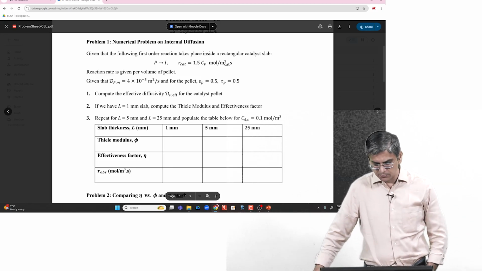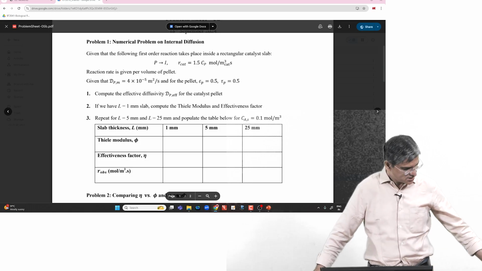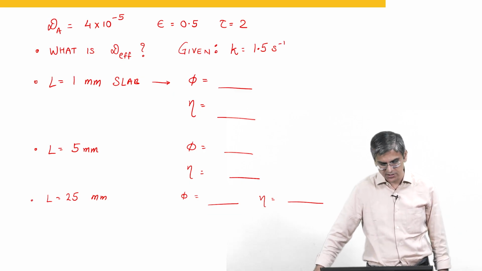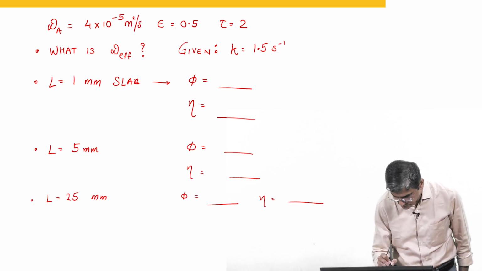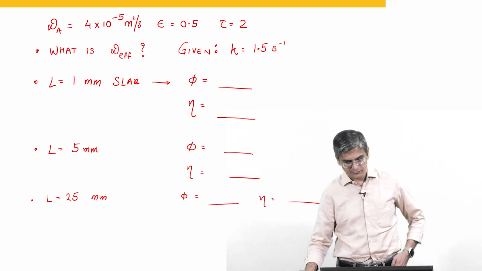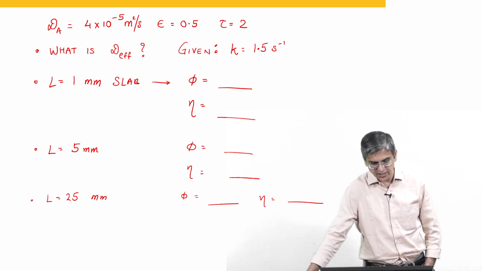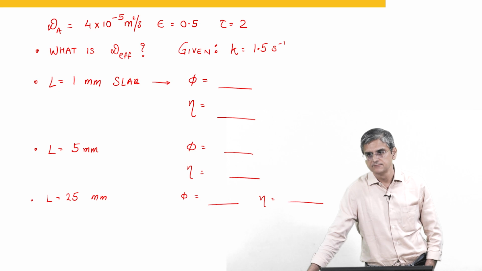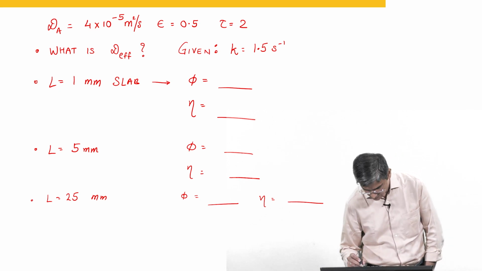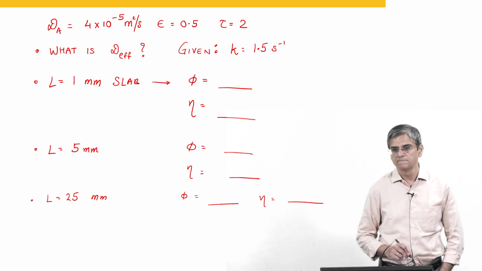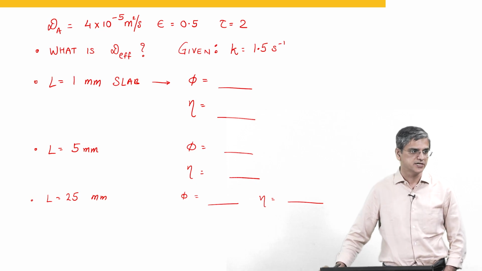So, this is the problem. First order reaction K is 1.5 second inverse, diffusivity is this. What is the value of phi for L equal to 1 mm? Sorry? Yeah, effective diffusivity is 10 to the power minus 5 meter square per second.